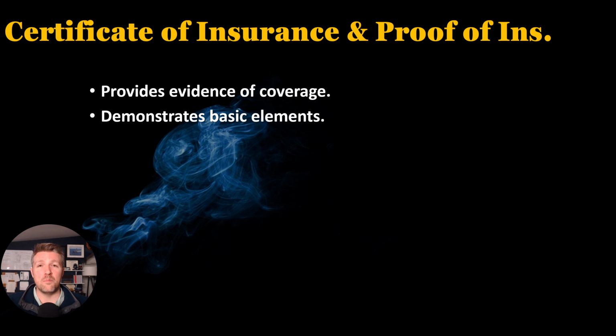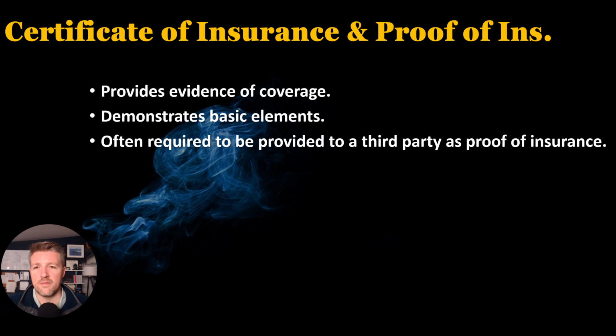You're demonstrating basic elements. So there's numerous boxes on there. You're going to have, hey, what's the insurance company? What's the type of insurance? What are the limits of insurance that are being carried? And then there's an other box where you could talk about if someone's additional insured or primary non-contributory, or if there's a waiver of subrogation.